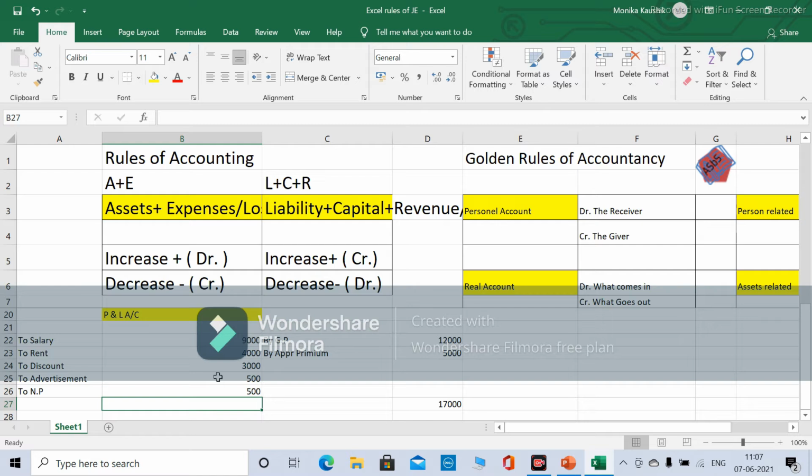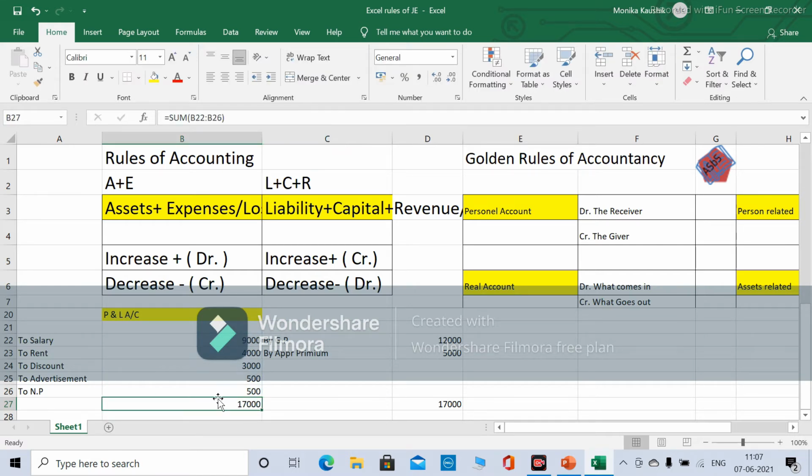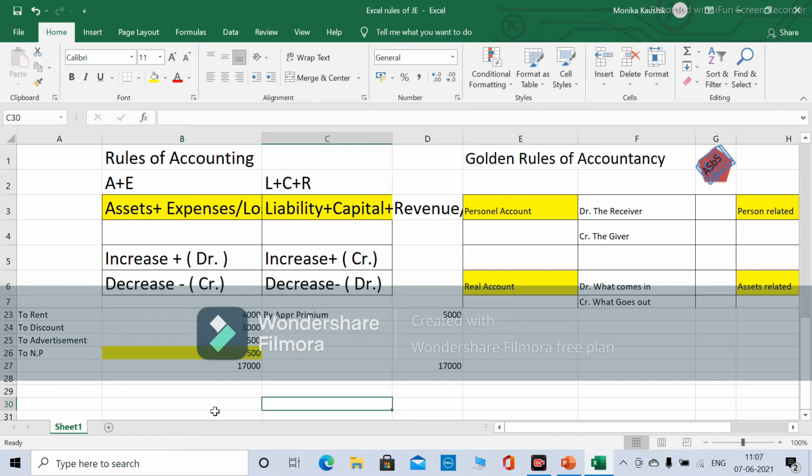This will be my net profit, and the totals will be equal. The net profit will have to be added with the capital in the balance sheet.